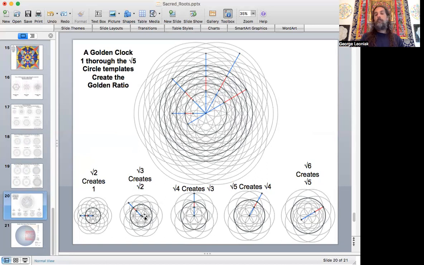And these are all circle templates that I've come up with and figured out, and I use each of them in creative ways because I have a lot of different circle templates that work with the golden ratio. These 5 are ones that I figured out before this whole root progression thing, and some of them were, of course, figured out by other geometers before this.